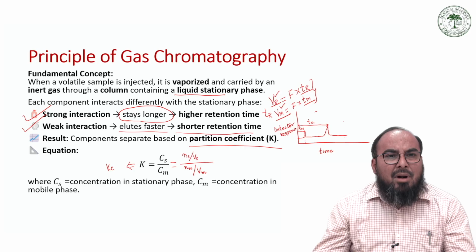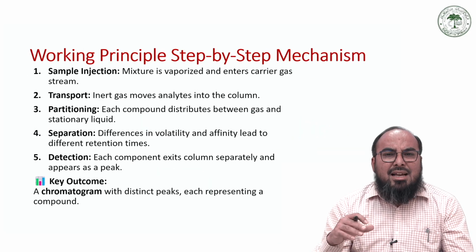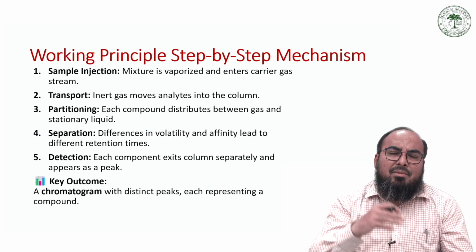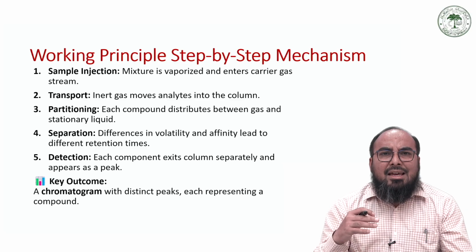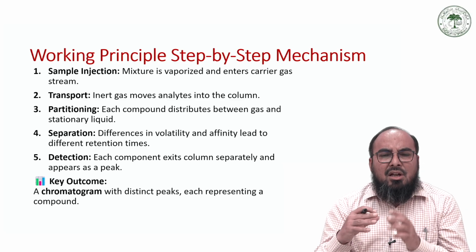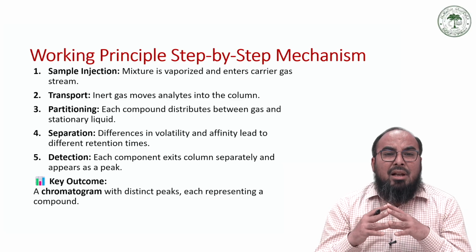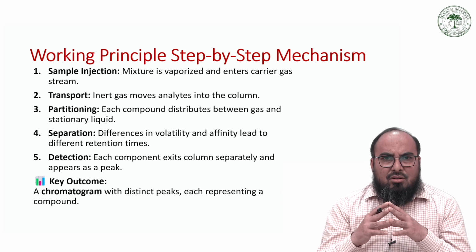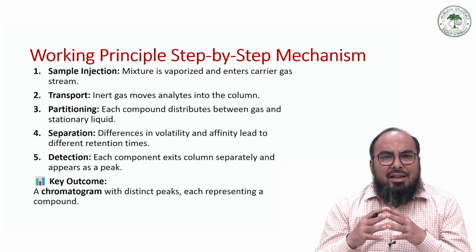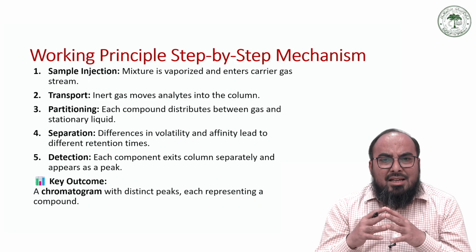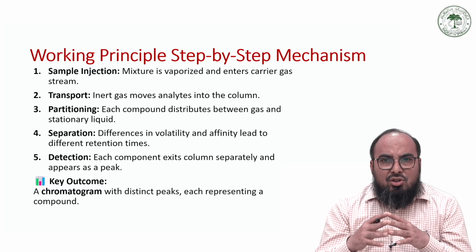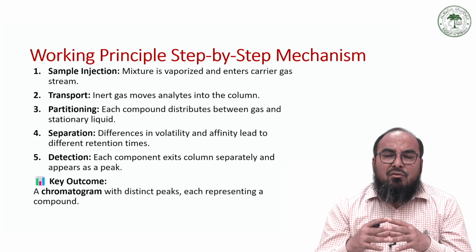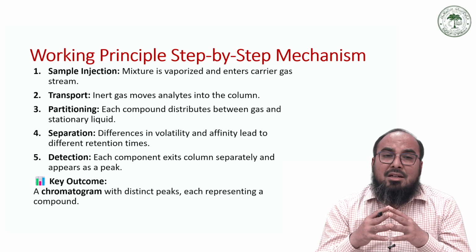So, let us embark on our journey: what is the step by step procedure of doing gas chromatography, or simply GC? Initially we have a sample injection port, and the main work of this sample injection port is to mix your vaporized sample with the carrier gas, which is coming from the pressurized tanks.